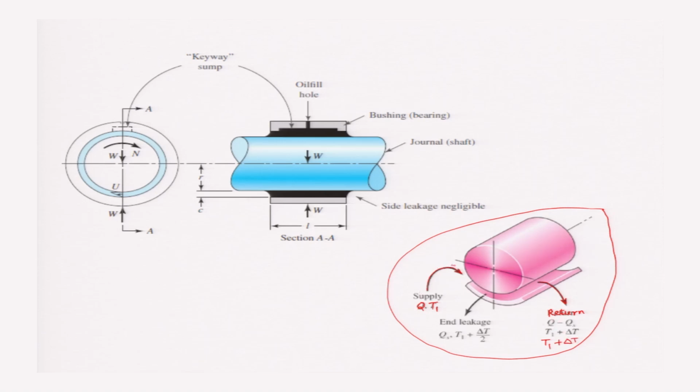The flow rate which was coming in was Q. From this flow, some of the fluid goes out through the ends, that is, through the axial direction. This is called the end leakage, and the flow rate through the ends is Qs. So in the return, the amount of fluid coming out is the inflow Q minus the side leakage Qs.